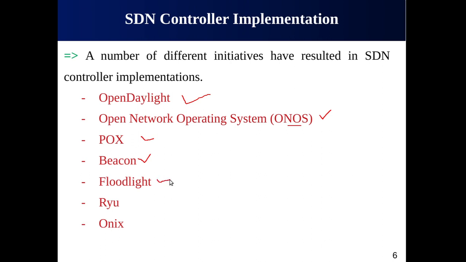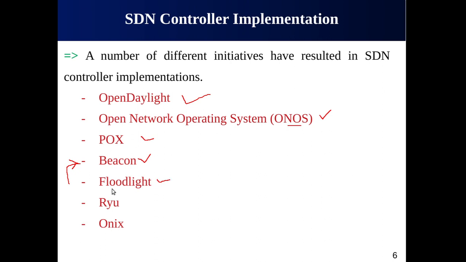We also have the Floodlight open source package, developed by Big Switch Networks. At the beginning, its development was based on Beacon, but it has an active community and they have added a large number of features. Now it has a web-based graphical user interface, which is Java-based, and it also exposes the different functionalities of the controller with the help of the REST API.